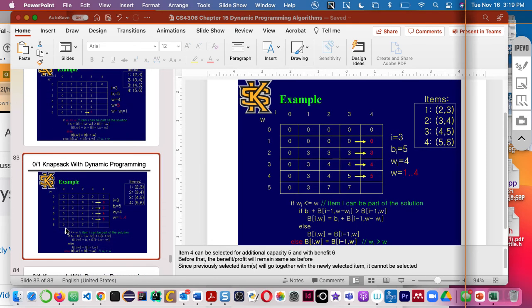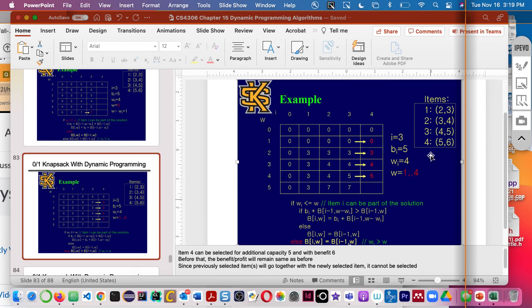And whenever we get the 4th item, its weight is 5, right? So we will decide at weight 5 here whether we can select item 4 or not. If I could select item 4, then item 4 has benefit 6, right? But am I able to select item 4?